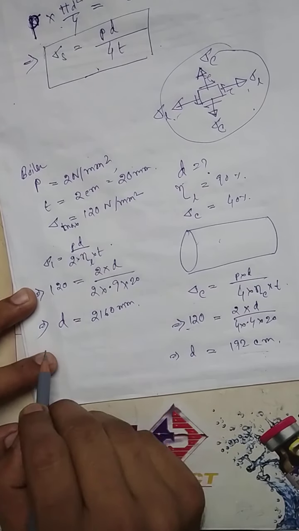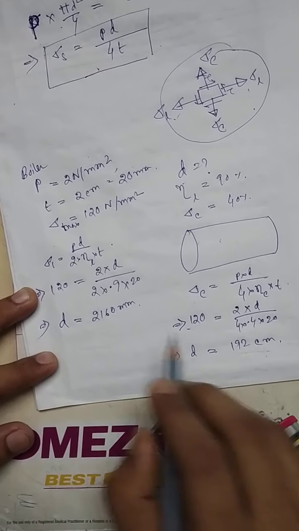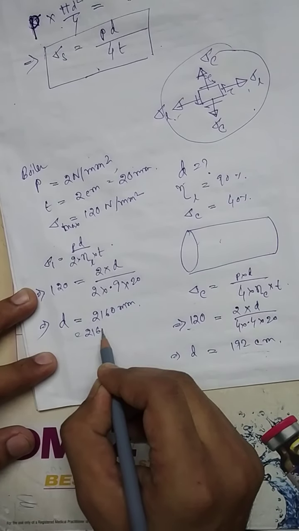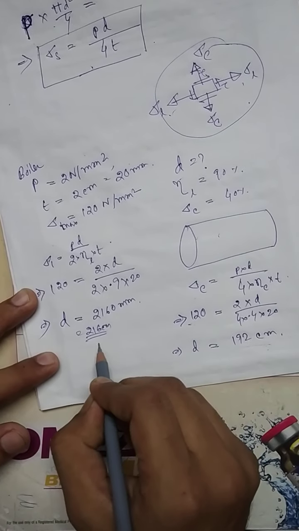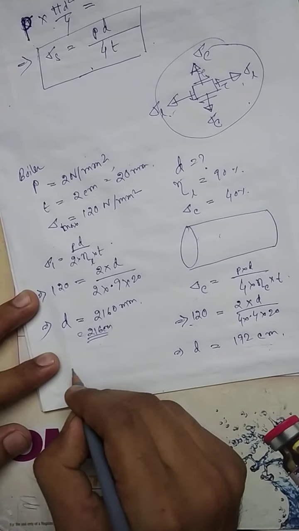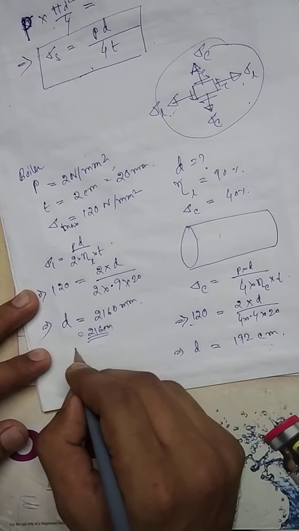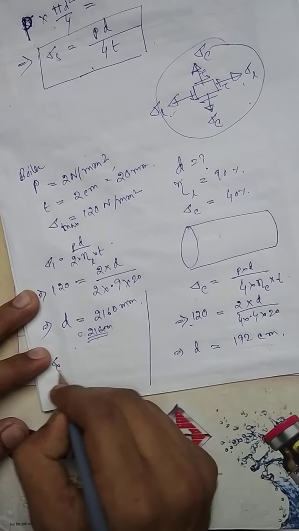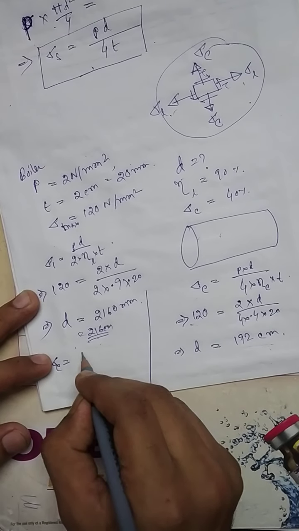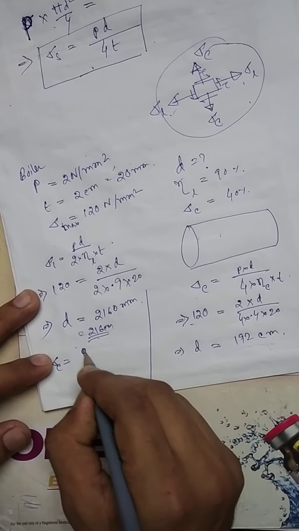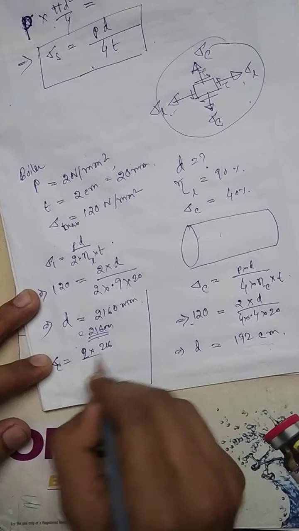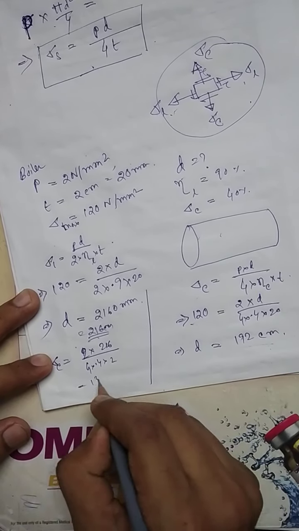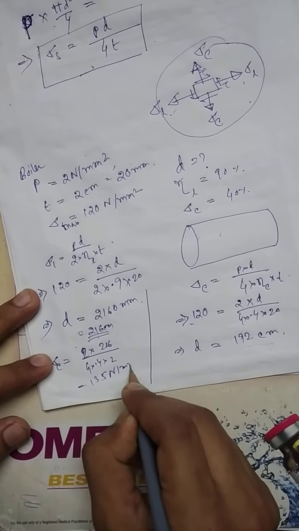If we take the value 216 centimeter, then the problem is, if we put this D value to find the corresponding sigma c, we get 2 into 216 by 4 into 0.4 into 2, which will be 135 Newton per mm square.